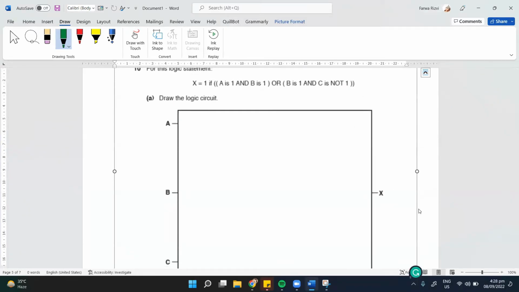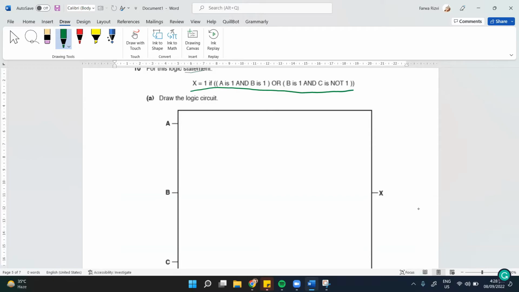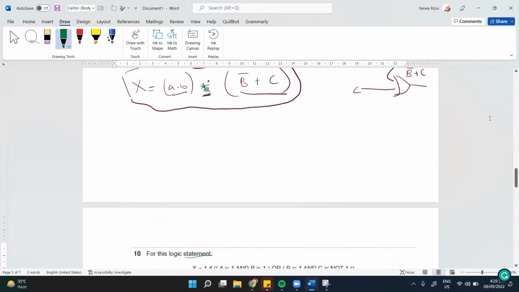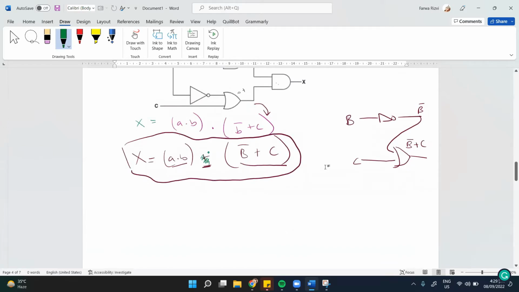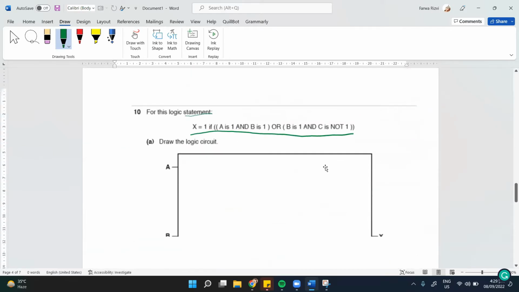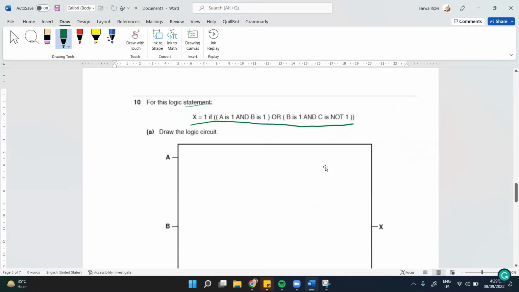Okay, so they gave you this logical statement, and now we're going to write this as a Boolean expression. Right now, this is just a statement, with English in it, and they're telling you the values of everything. Now we're going to convert this to the expressions that we were using before, like A dot B bar plus C and such. So let's convert this first.